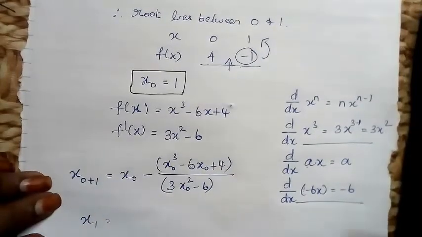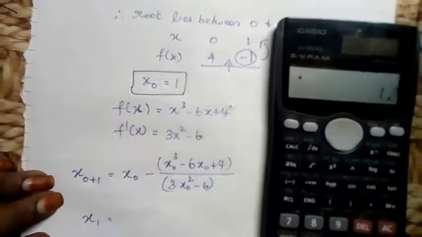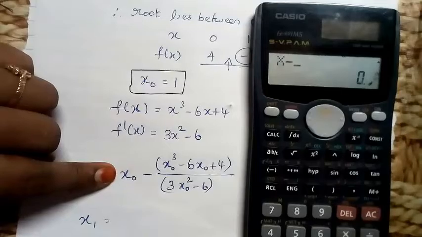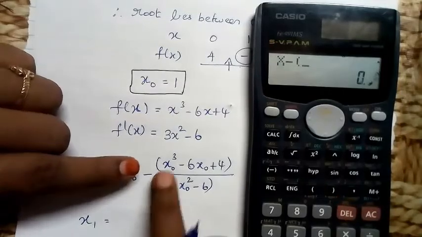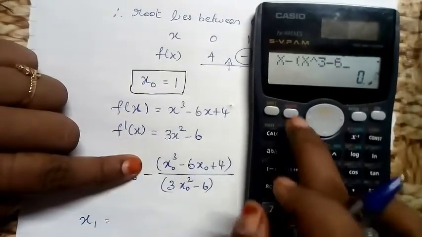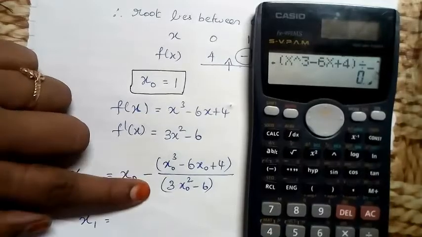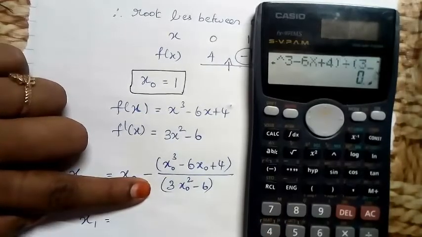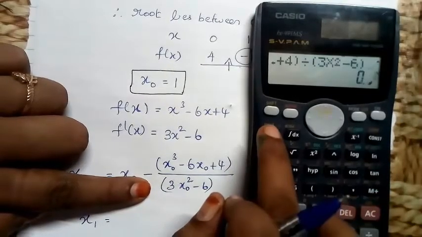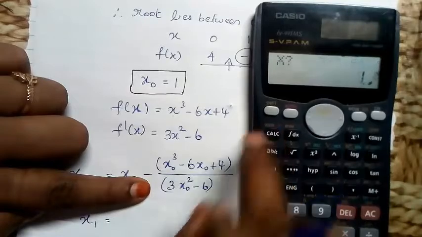This formula can be entered in the calculator to find the solution. So x minus, open the bracket, x cube minus 6x plus 4, close the bracket, divided by, open the bracket, 3x square minus 6, close the bracket. After typing the formula, press CALC to fix this formula in the calculator.